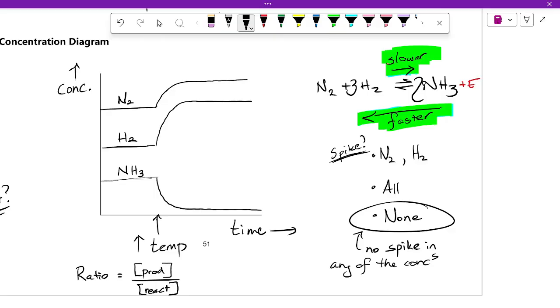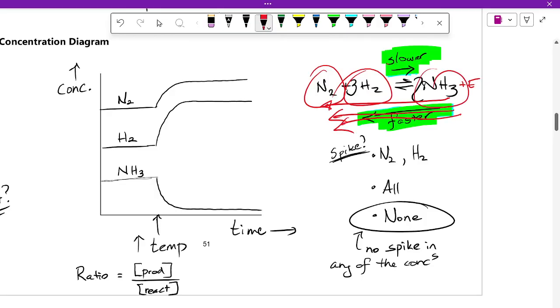Yes, because we are making N2, we are making H2, and we are using up NH3, and they are in a 1 to 3 to 2 ratio.